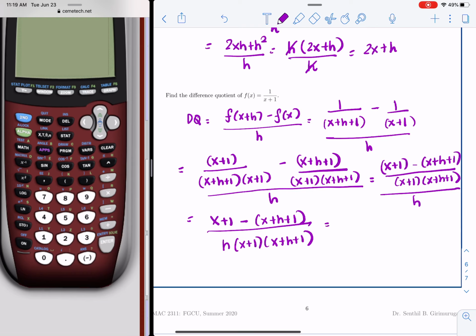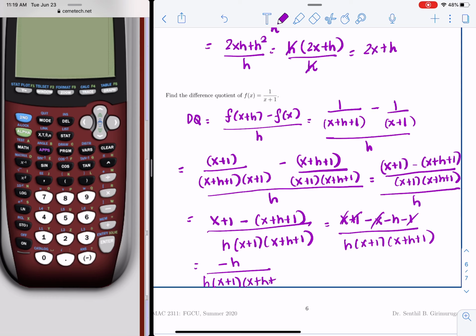Distribute in the numerator: x plus 1 minus x minus h minus 1 divided by h times x plus 1 times x plus h plus 1. The x's would go away, the 1's would go away. We have negative h over h times x plus 1 times x plus h plus 1. The h's would go away. We simply have minus 1 over x plus 1 times x plus h plus 1.